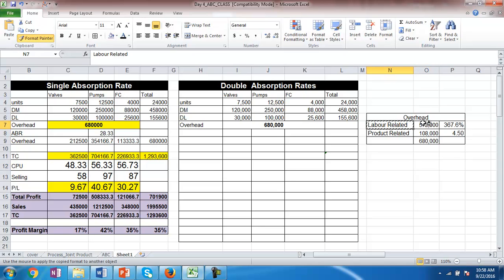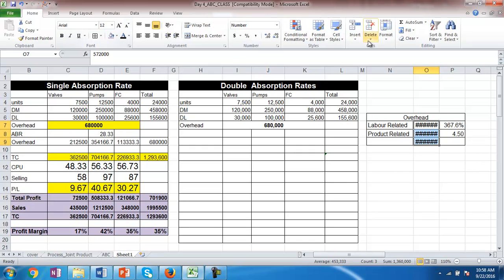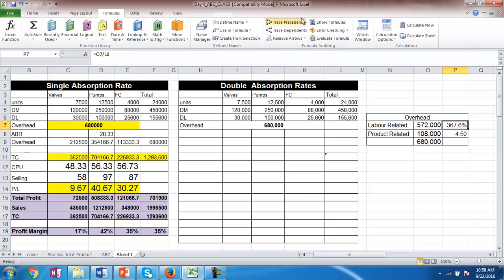And 108,000 is the product related overhead. That means they're driven by the volume of production or the volume of output. So instead of having one absorption rate on volume driven, here we decided to calculate two absorption rates.